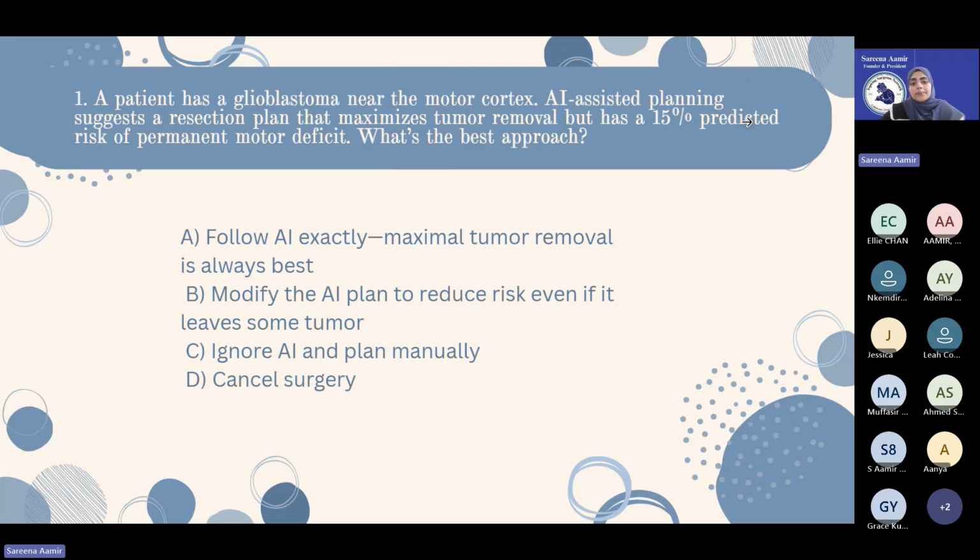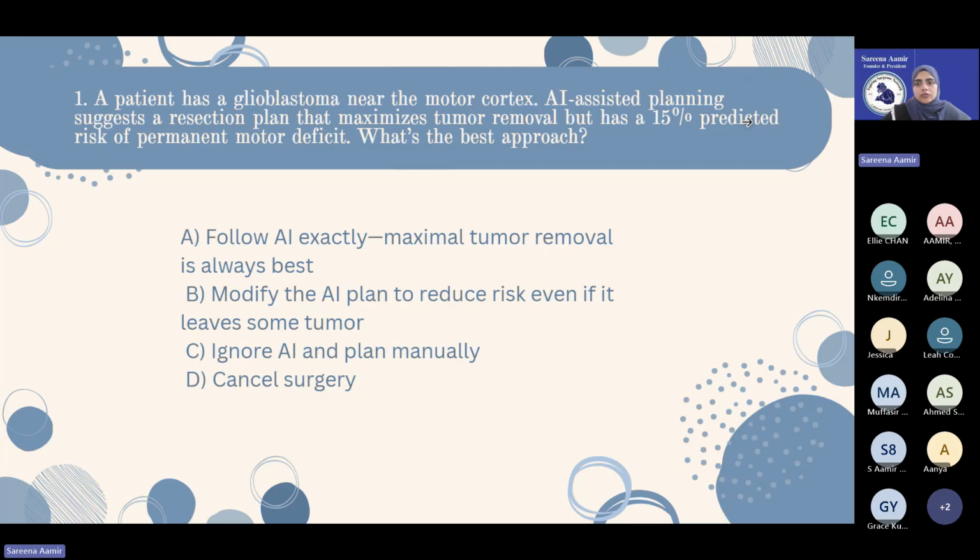B, modifying the AI plan to reduce risk, even if it means leaving some of the tumor, which could potentially grow and cause that same effect again. C, ignore AI and plan manually, without AI, just planning with the surgical MDT team. Or D, cancel surgery. I'll give you around 30 seconds to a minute.